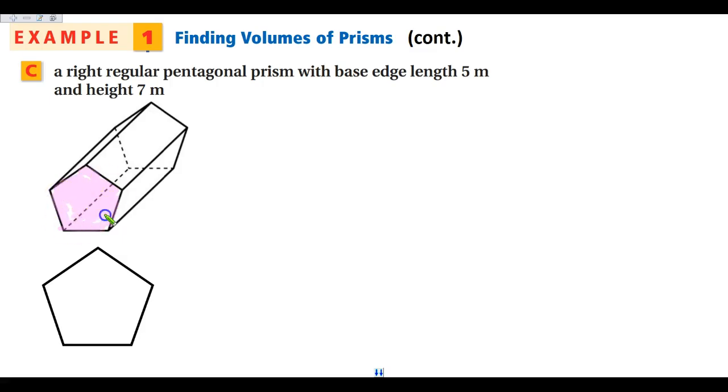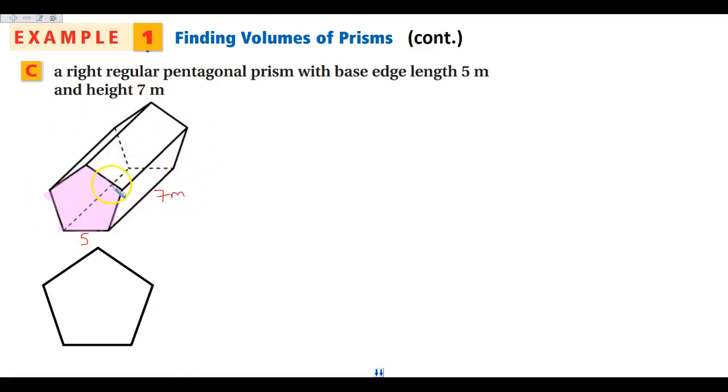I'm going to shade my base. You can shade one or you can shade both, it doesn't matter. Sometimes it's easier just to shade one, but just remember that this is the other base. So my base edge has a length of 5. The height is 7, so this is my 7.